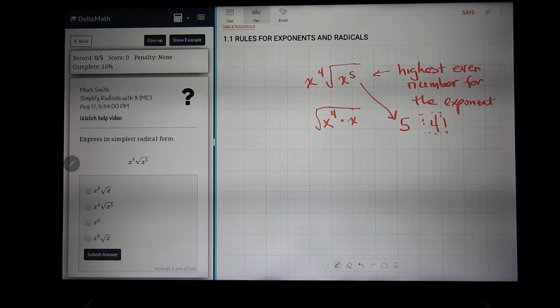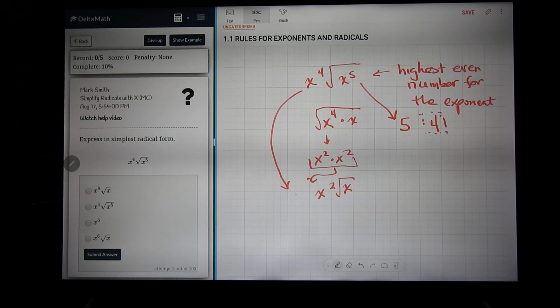Now, the next thing we do is we say, oh, x to the 4th is actually equal to x squared times x squared, so we can bring that to the outside. So this is going to say x squared square root of x, and don't forget about our other x to the 4th. Now we have to go back to our rules of exponents.